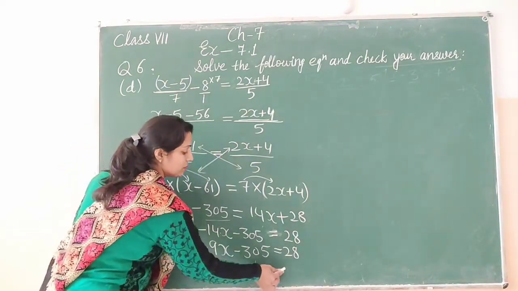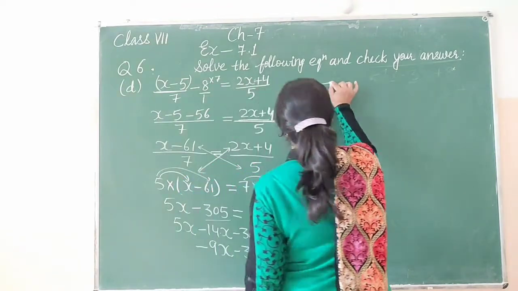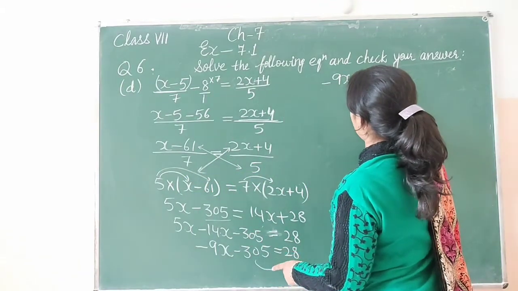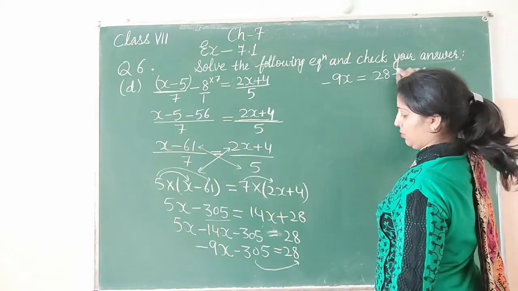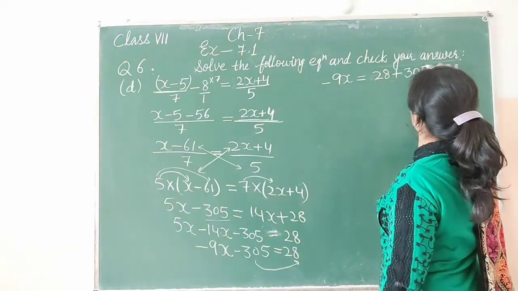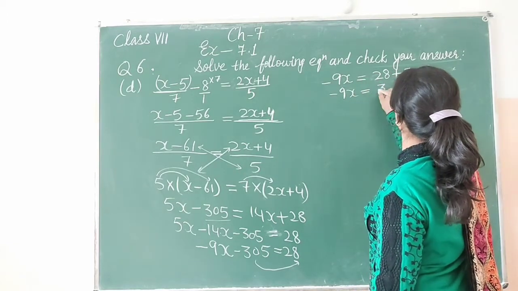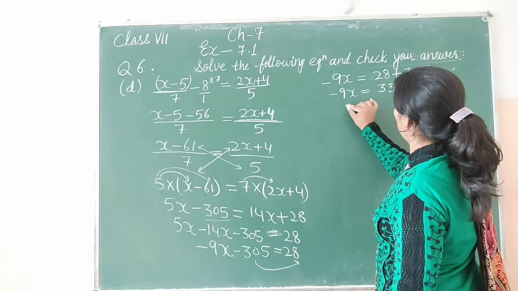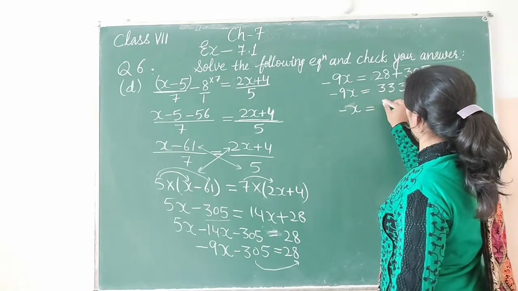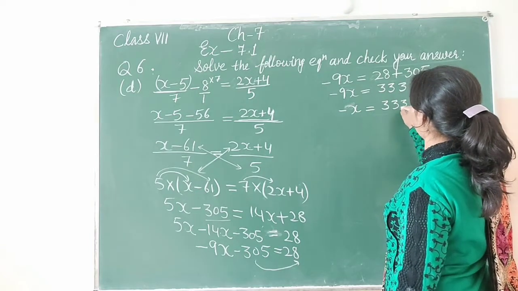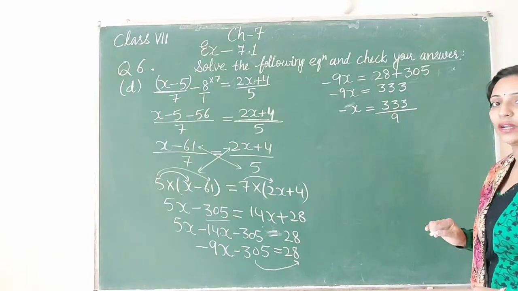Now this constant term will be taken on another side. So after changing side it will become positive, and on left hand side only negative 9x will be there. Now negative x is equal to 333. 9 was in multiplication, after changing side in division.